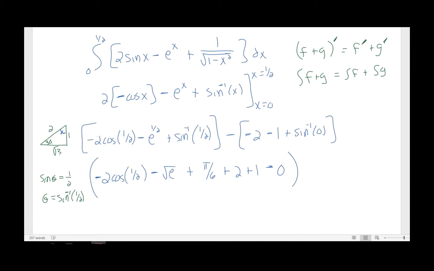All right, now, even though we took this one all the way to the end, where I did plug in my upper and lower limit, the bigger picture of what I really meant to focus on here was what I wrote over here in green, that the integral of a sum is the sum of the integrals. And if you think about that, that's true for subtraction as well, right?